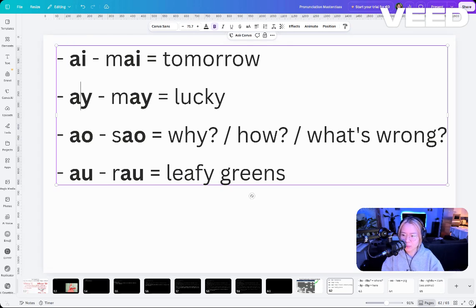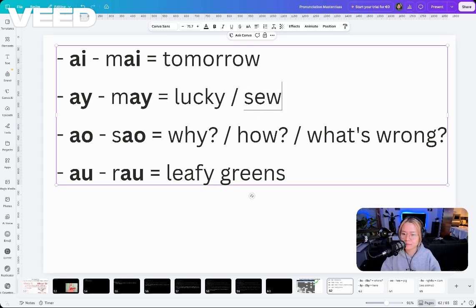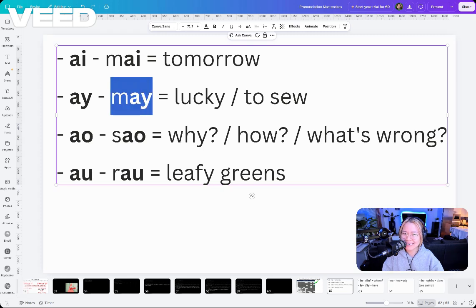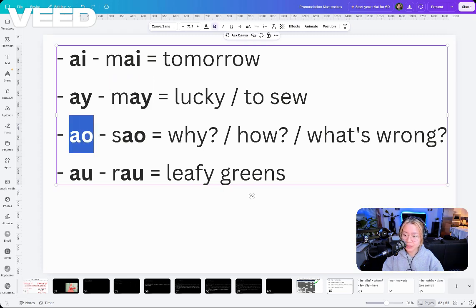Okay, one example word of I is my. What does that mean? My. It means lucky or to sue. The third vowel combination of a, which is a, r, l.